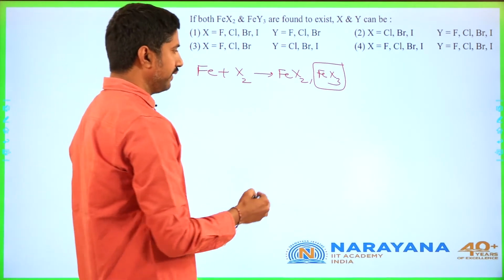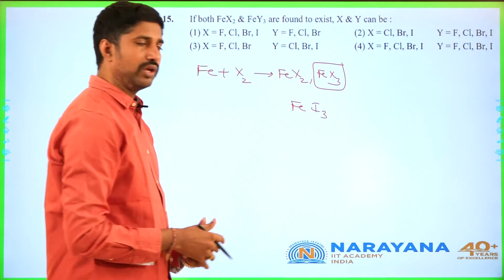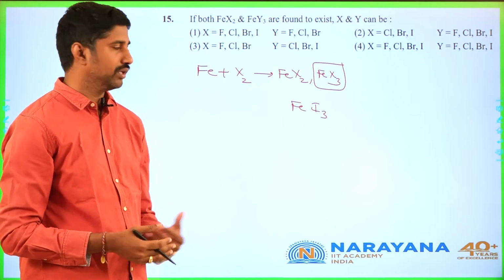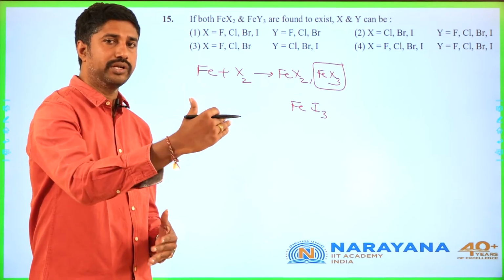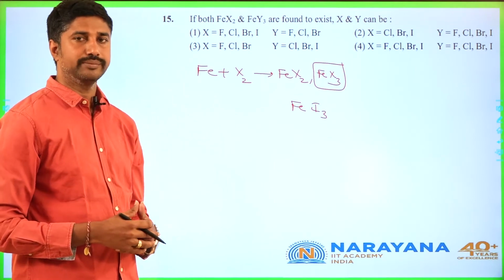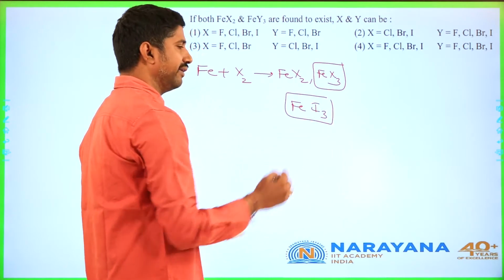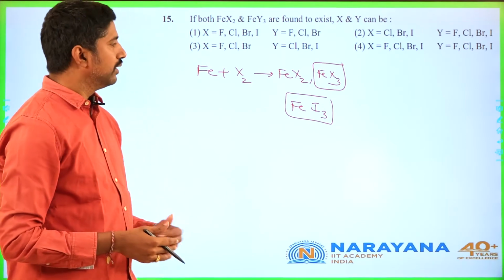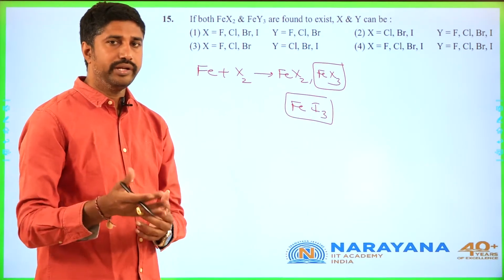We can surely identify a point: FeI3 does not exist. Iron triiodide does not exist, because I minus is a good reducing agent, and it again reduces Fe plus 3 to become Fe plus 2. That's why except FeI3, the remaining FeF3, FeCl3, FeBr3 will exist. So in trihalides, particularly with iodine, it is not possible.